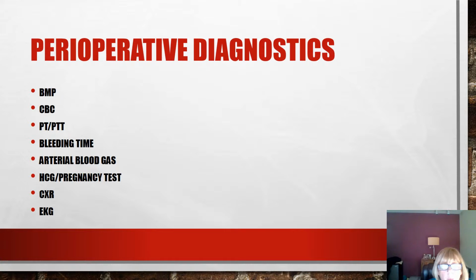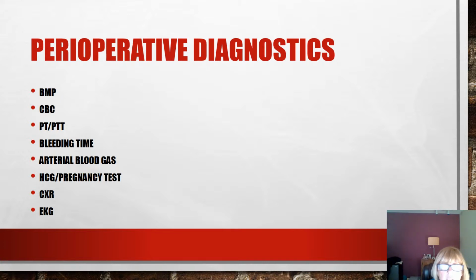If it's a woman of childbearing years, then we like to make sure that we get a pregnancy test before we take them to surgery, because you have the risk of anesthesia. If there's any x-rays or anything that's taken during the procedure, we want to make sure that they're not pregnant and that we're not causing potential harm to a fetus.